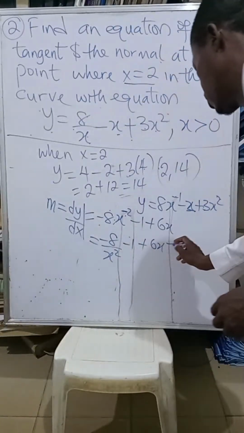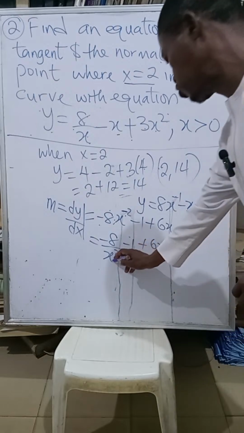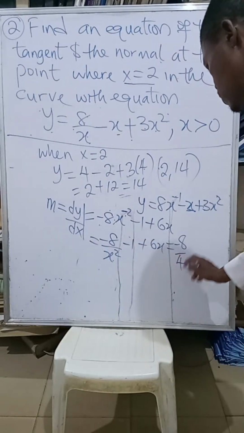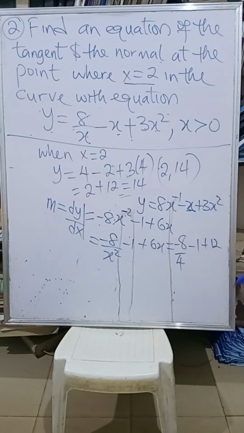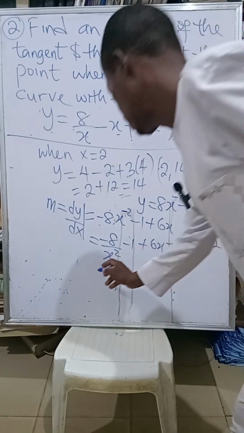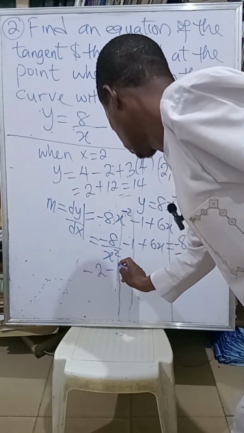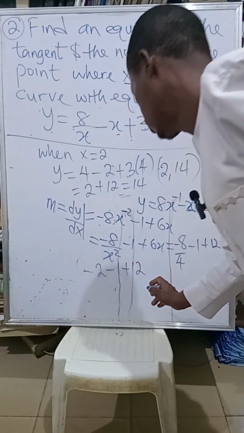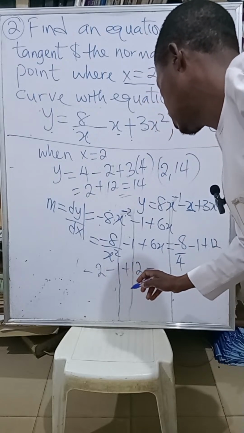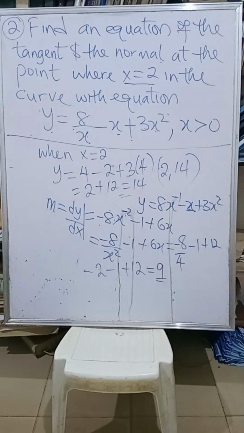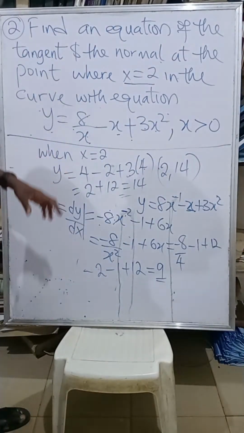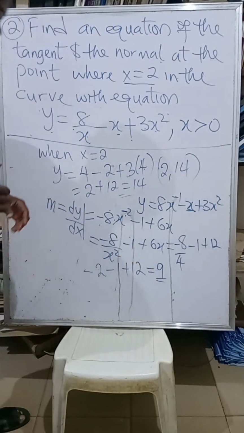Minus 8 over 2 squared, that's 4, minus 1 plus 6 times 2, that's 12. So we're having minus 2 minus 1 plus 12. That's minus 3 plus 12, which is 9. So our gradient is 9 at x equal to 2.